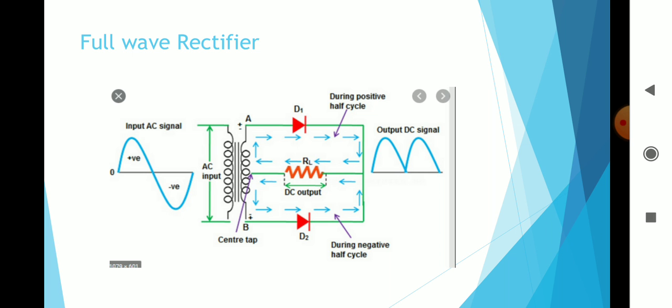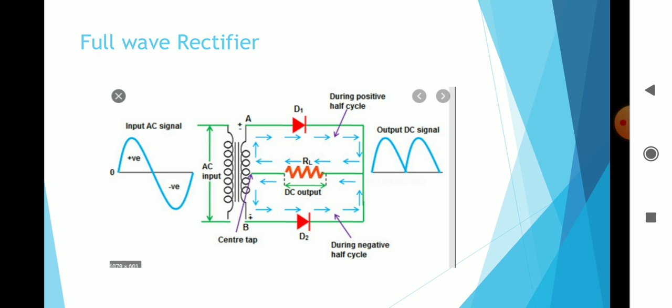So again we have an AC input. We have two diodes, and this transformer is special. That is a center tap transformer. That is, there is a connection in the middle of the transformer, ideally making it into two coils on the secondary side.